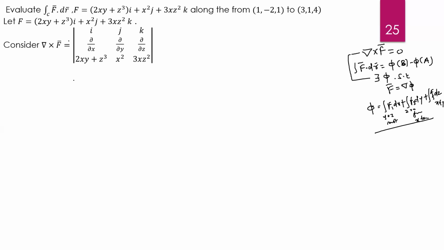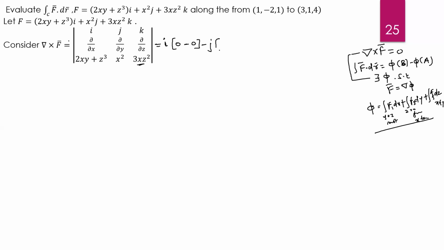To solve the determinant, we find the minor of i, which is obtained by deleting its row and column. The derivative of this term with respect to y: y is not here, the others are constant, so its derivative is 0, minus the derivative of x square with respect to z. The x square is constant for z, that is 0.